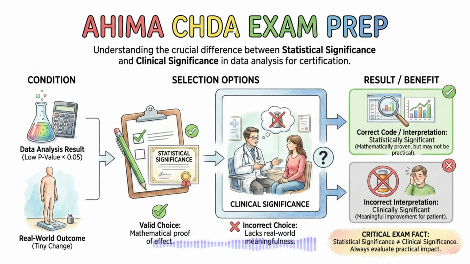A brand new weight loss drug might mathematically prove that it helps patients lose exactly 1/10 of a single pound, which is statistically significant. Yet, a doctor would tell you that losing 1/10 of a pound is completely meaningless in the real world, meaning it lacks any true clinical significance.